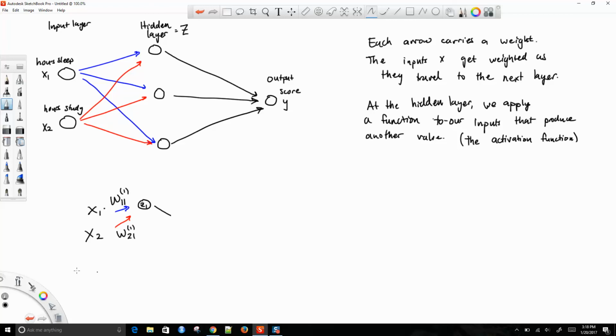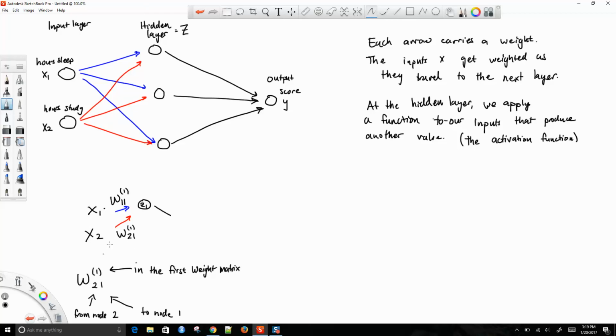So when I have 2,1, this is from node 2 to node 1 in the first weight matrix.